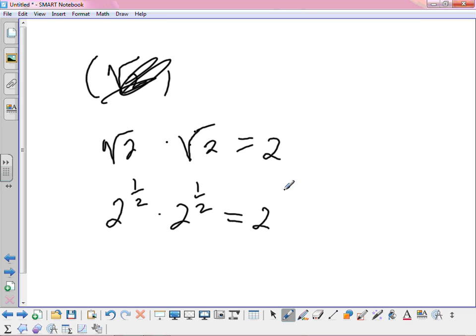Supposed to add the exponents? So, to make the exponent rules work, 2 to the 1/2 squared is 2, but square root of 2 is also the same thing, isn't it? So square root of 2 and 2 to the 1/2 power are exactly the same thing.